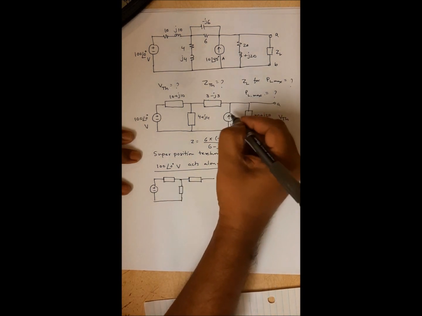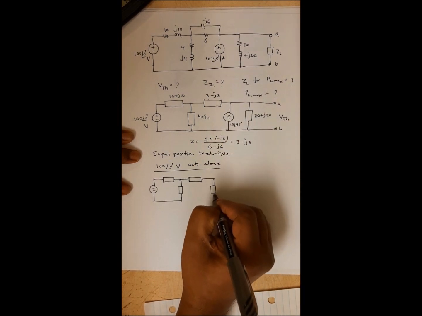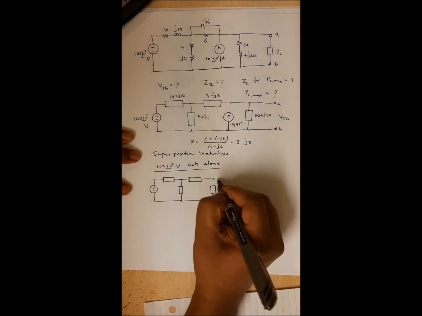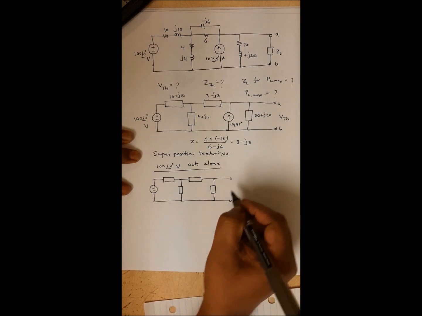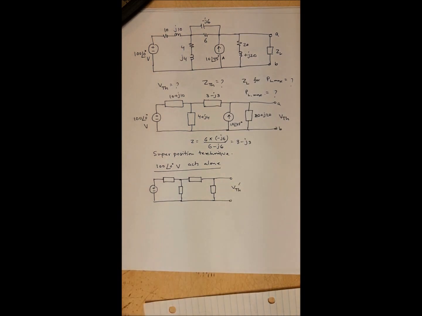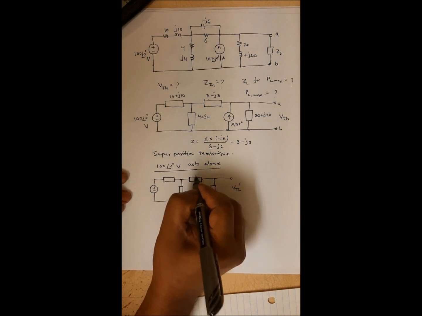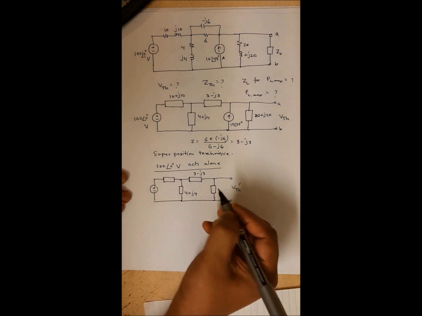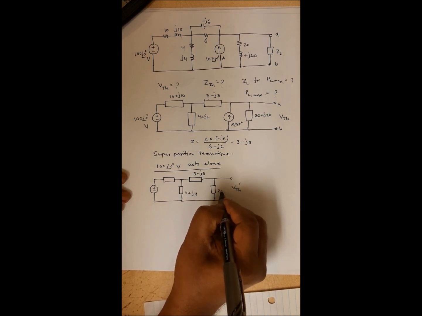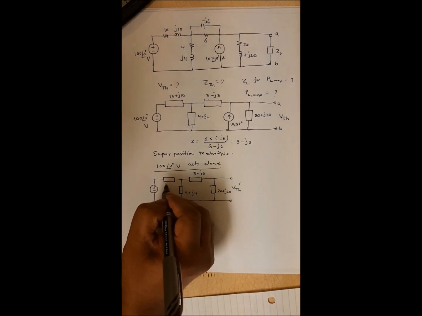So I remove this current source, replace it with a zero current source. So it is 4 plus J4, 3 minus J3, 20 plus J20, 10 plus J10.